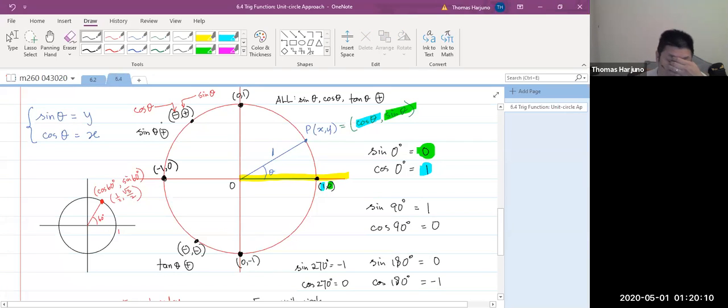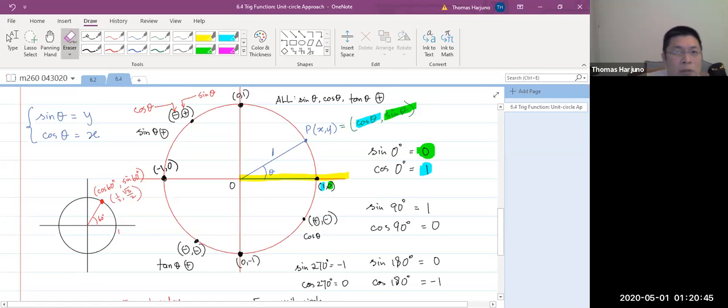Of those three, sine, cosine, tangent, in quadrant 2 only sine is positive, in quadrant 3 only tangent is positive, and in quadrant 4 only cosine is positive. We can see it from here. A coordinate in quadrant 4 will be positive, negative, which implies cosine theta is positive, the sine is negative, and therefore tangent is also negative.